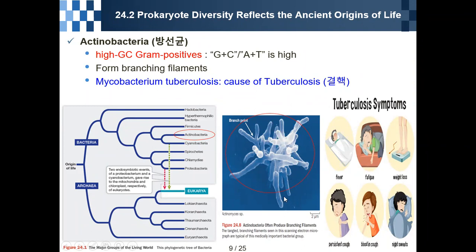The very famous example is Mycobacterium tuberculosis, which causes tuberculosis. The symptoms are a persistent cough, and whenever they cough, there is blood in the cough. So actinobacteria are the main cause of tuberculosis.